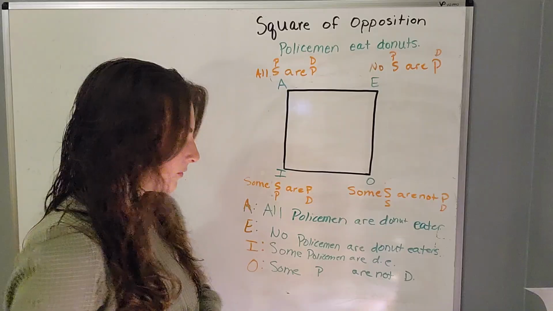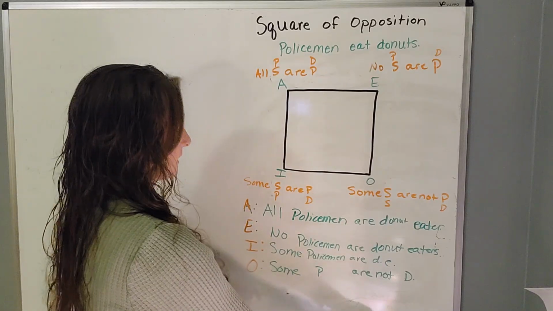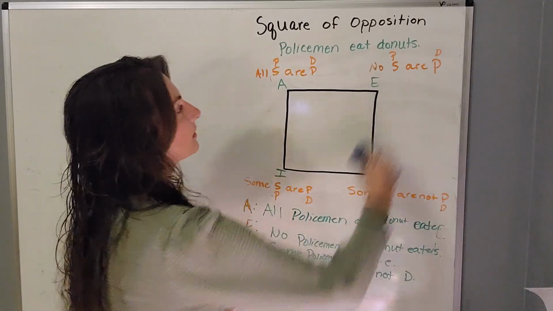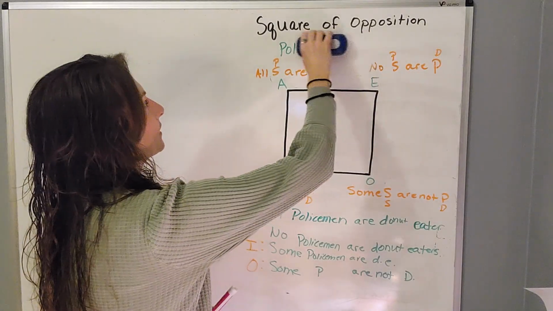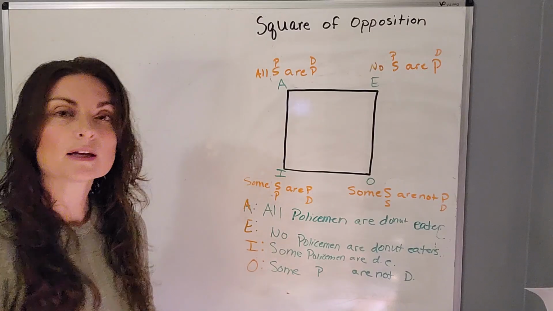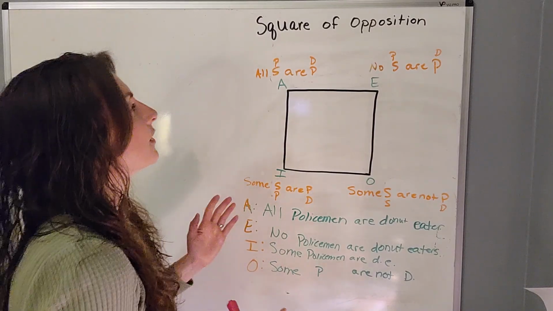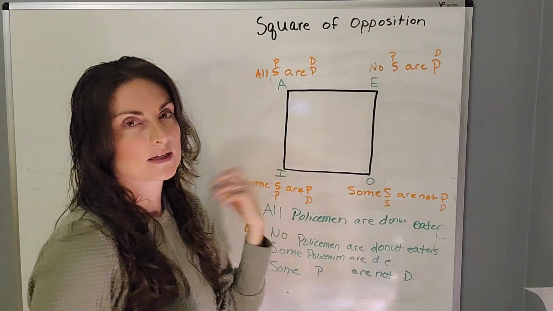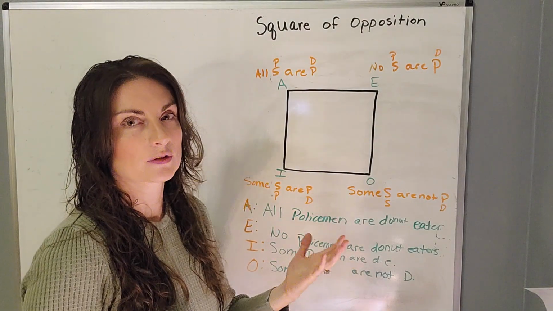Okay, so now what we're going to do is go back and actually add what we discussed yesterday or in the previous lesson. We're going to talk about the universals, in particular, the quality and the quantity. So up here, we're first going to talk about the quantity. How much of the subject are we actually talking about?